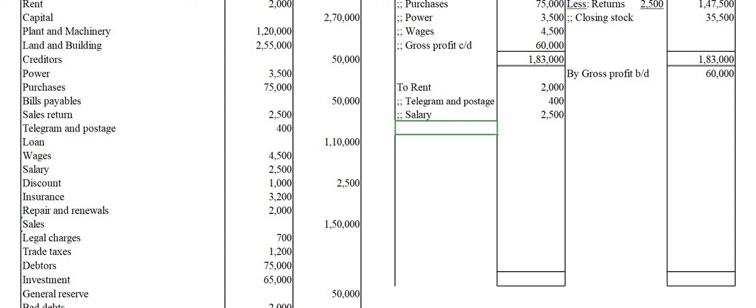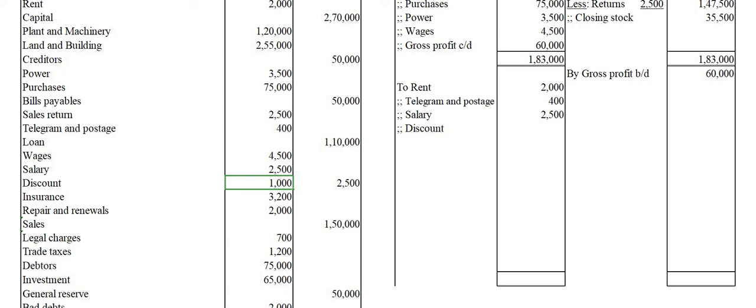So discount is an expense. See, discount is given in two places, 1000 in the debit side, 2500 in the credit side. What is given in the debit side, we know that it may sometimes be assets, loss or expenses. So here it is discount. Discount, we know, is not at all an asset or liability. Discount may be discount received or discount allowed or paid.